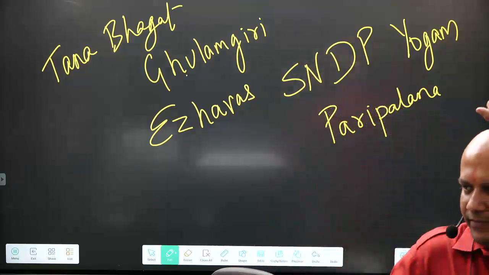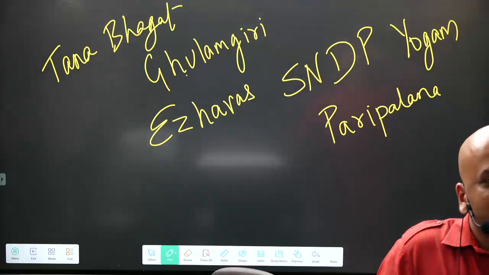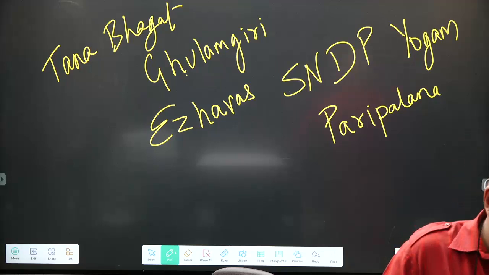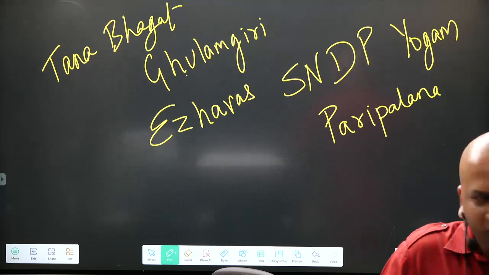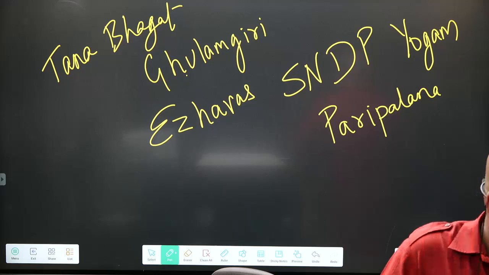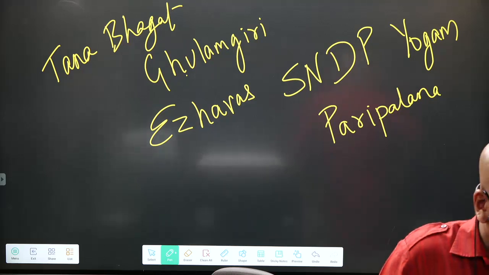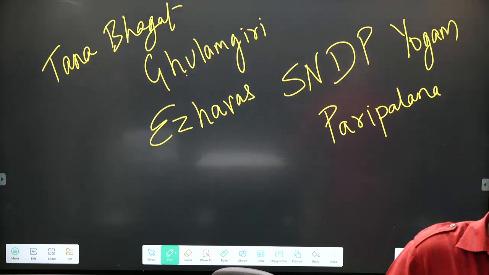Shuddhi movement was basically to convert back to Hinduism those who had converted to another faith. The original Ghar Vapsi. And such campaigns led to communal tensions and clashes.